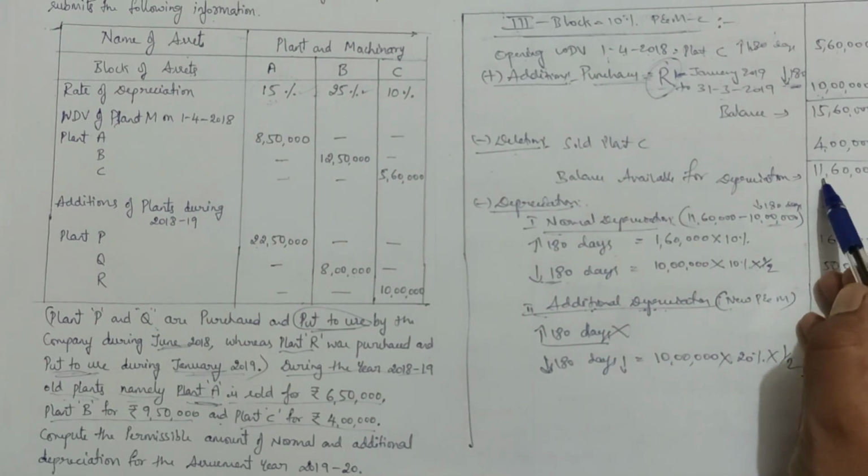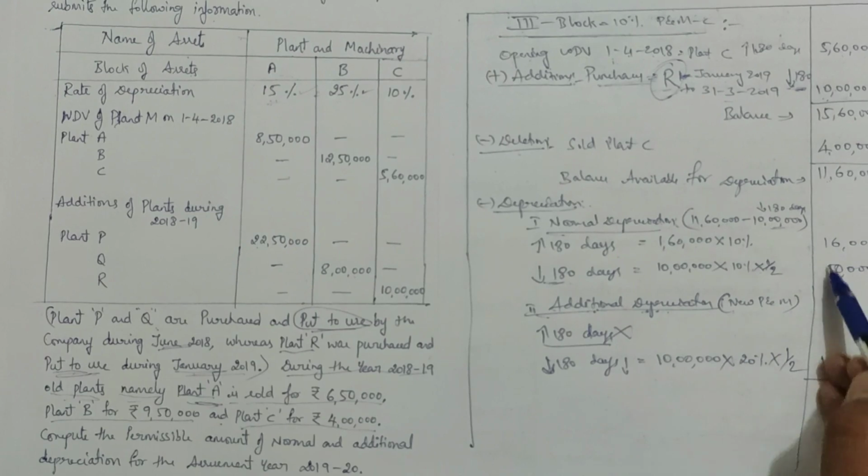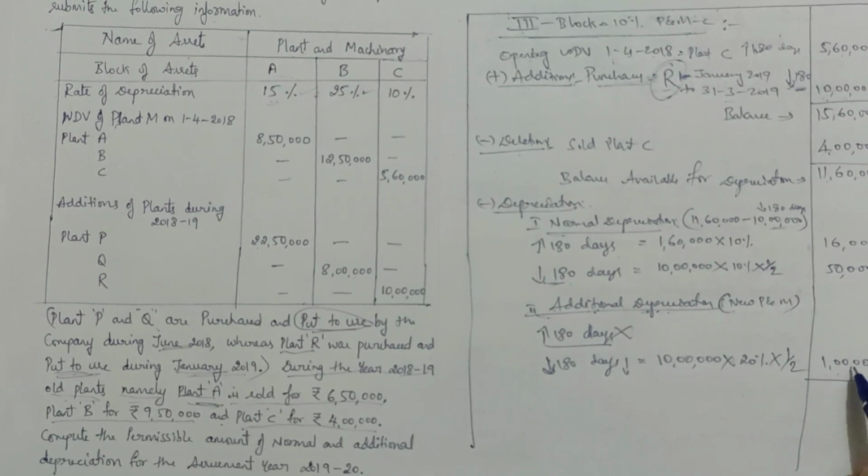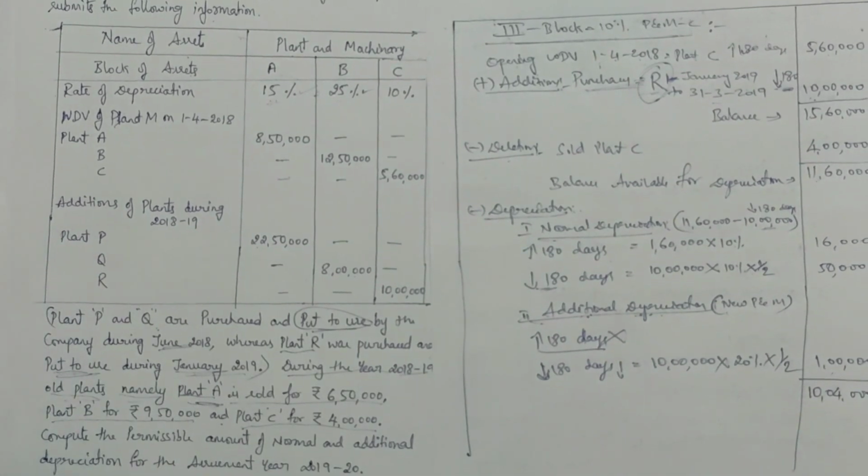So from 11 lakh 60,000, deduct all the depreciation values, we will get 10 lakh 4,000.